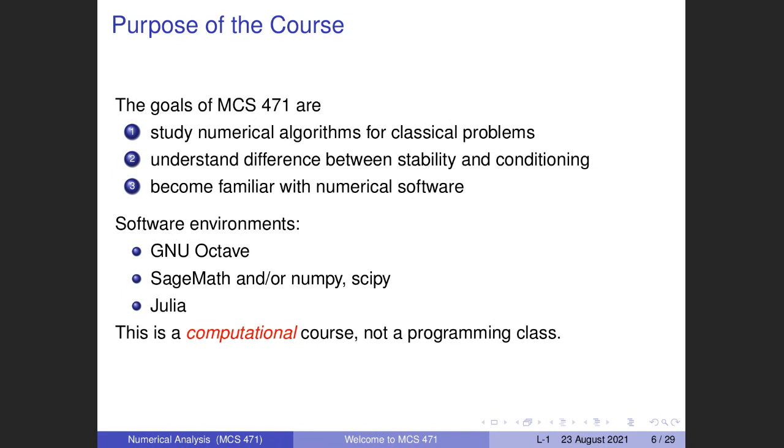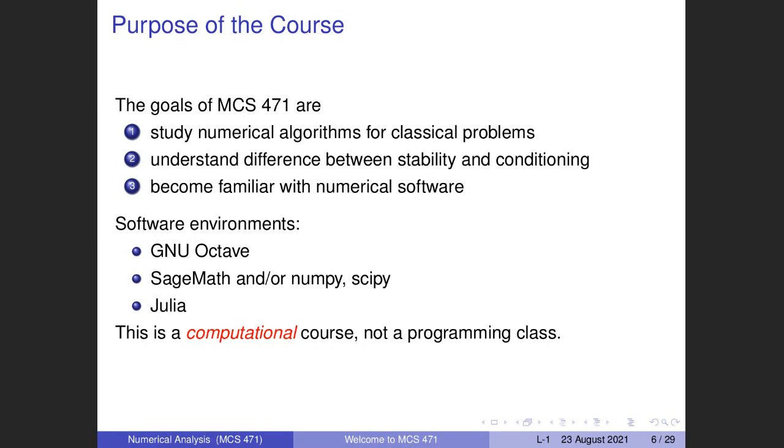You will be given either scripts that will be made available via the course website, or you will be using standard software. Here I list three environments. By default, we are using free and open source. So that is what the GNU means, not Unix.